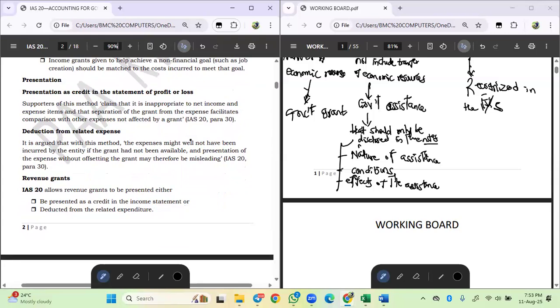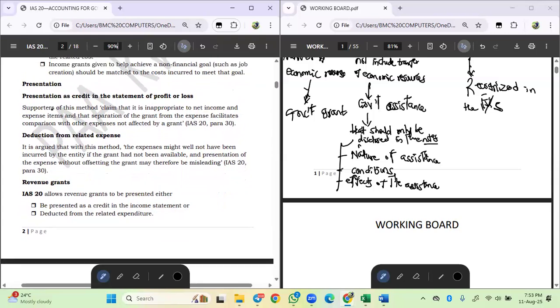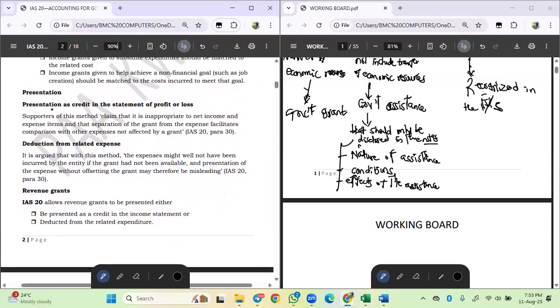Now let's talk about the first one, the credit: presentation as credit in the statement of profit or loss. I think the supporters of this method claim that it is inappropriate to net income and expense items, and that separation of the grant from the expense facilitates comparison with other expenses not affected by the grant.